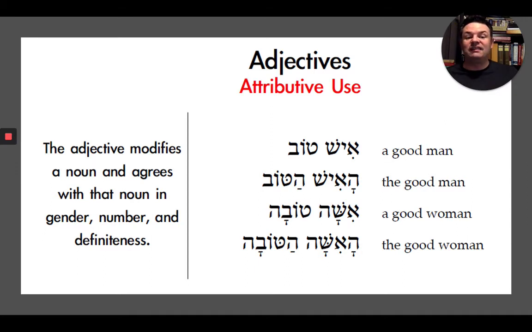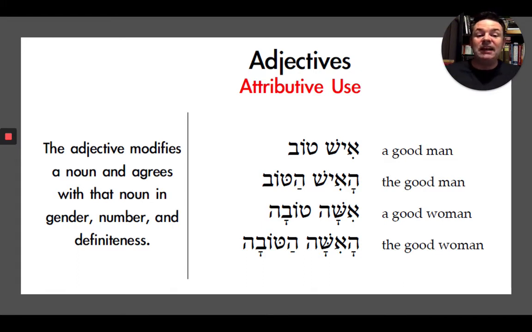So this has got the definite article, the hey, right in front of it. So ha-ish, ha-tov, right? The man, the good, right? It's just trying to say the good man. That's what this is saying. That's how you'd translate it. You wouldn't translate it the man the good or man good, right? Ish tov, man good, right? Instead, you would translate it a good man. That's how their syntax works, in the same way that you would translate other languages where the syntax just differs from English.